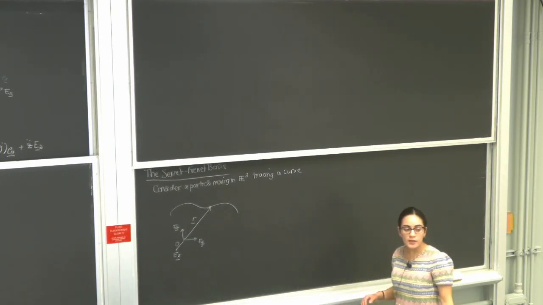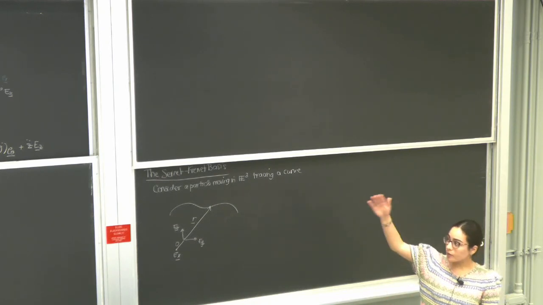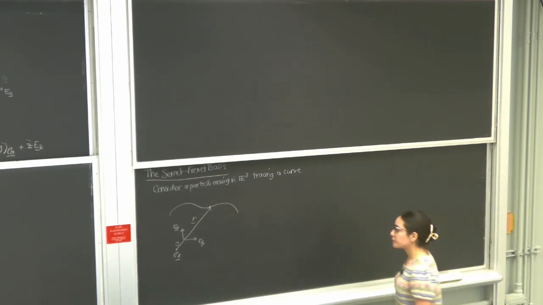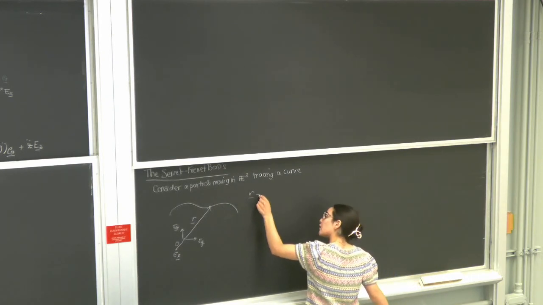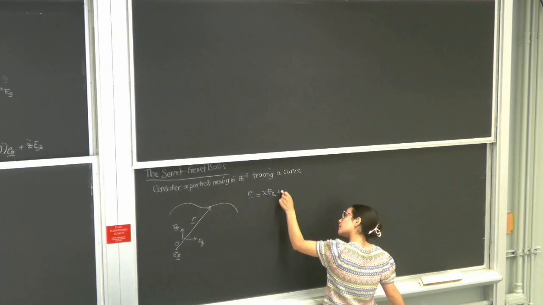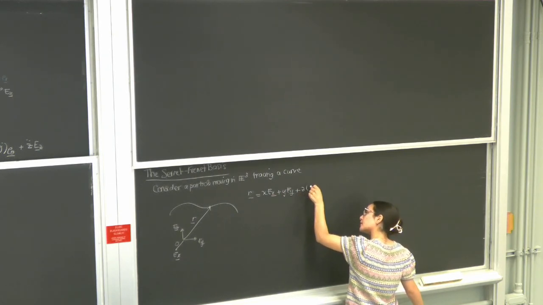And we can write the position vector of this particle in terms of the Cartesian coordinates, in terms of the polar coordinates, as we just did. Let's do the Cartesians. R is x ex plus y ey plus z ez.